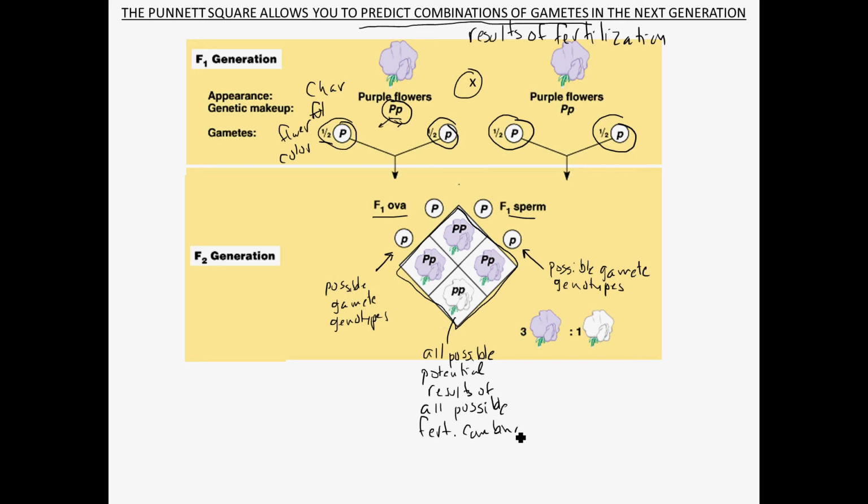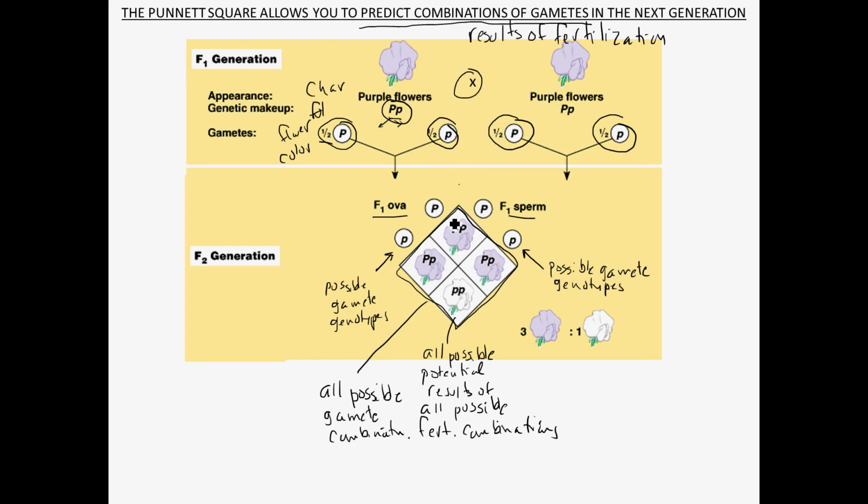It's rather wordy, but this is what these boxes are showing you. So you'll then predict what are all the possible gamete combinations, right? So that, again, another way of saying this is that the boxes are all of the possible gamete combinations. That is results of fertilization. Okay?